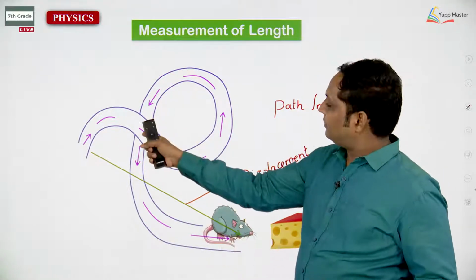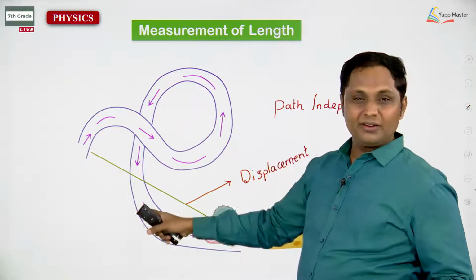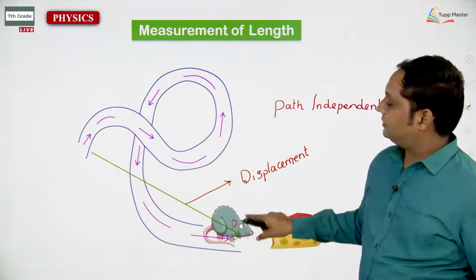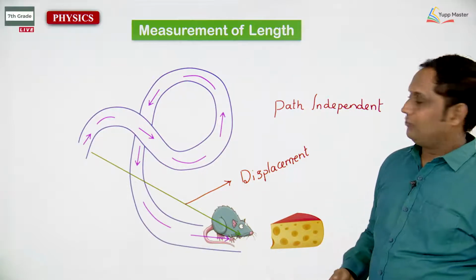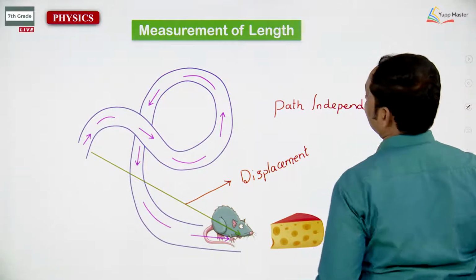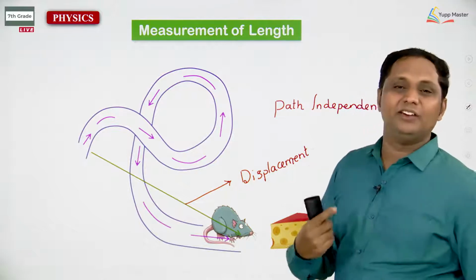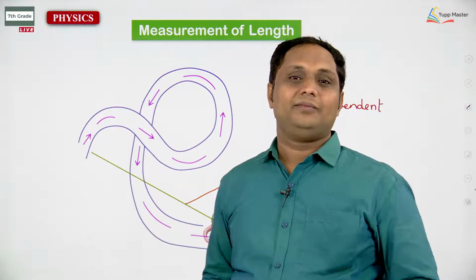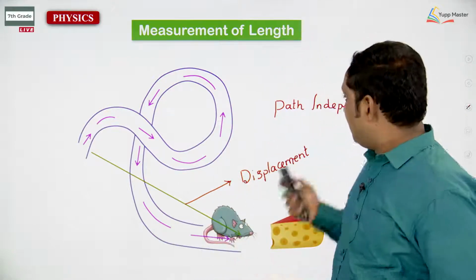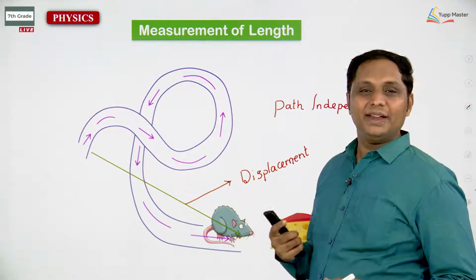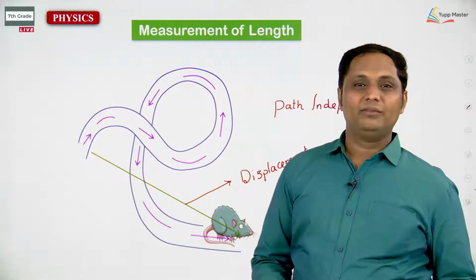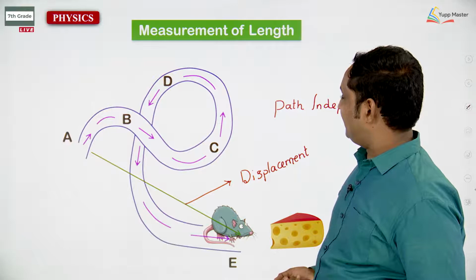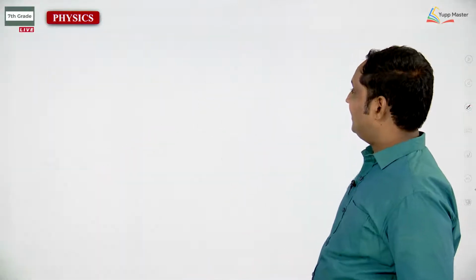If it has moved along the shortest path, you can get the displacement. If it is path dependent, it is going to be the measurement of the actual distance. Direction is also very important while you are measuring physical quantities.